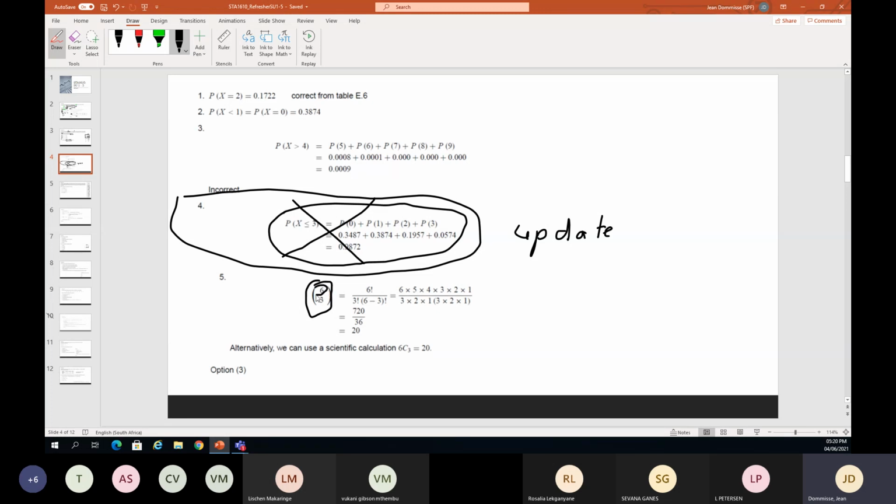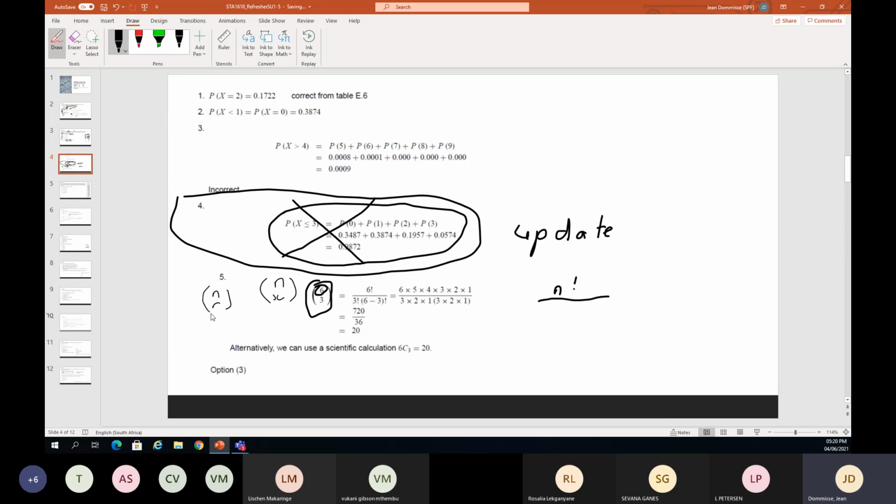The formula is n divided by, normally you can write it as x, so that is n to x. Sometimes it is written as n to r.